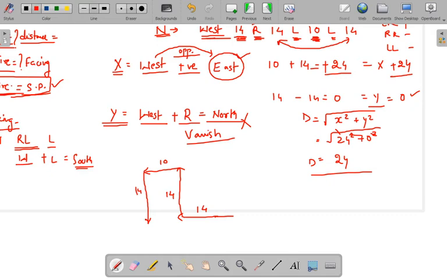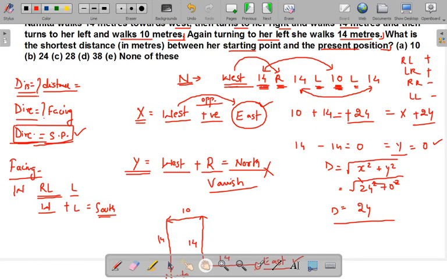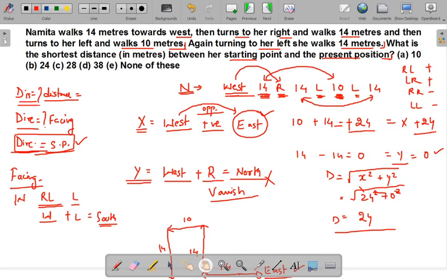So now as compared to her original point she is on the east, as compared to her present direction. But here they were asking only the distance. Answer is option B.